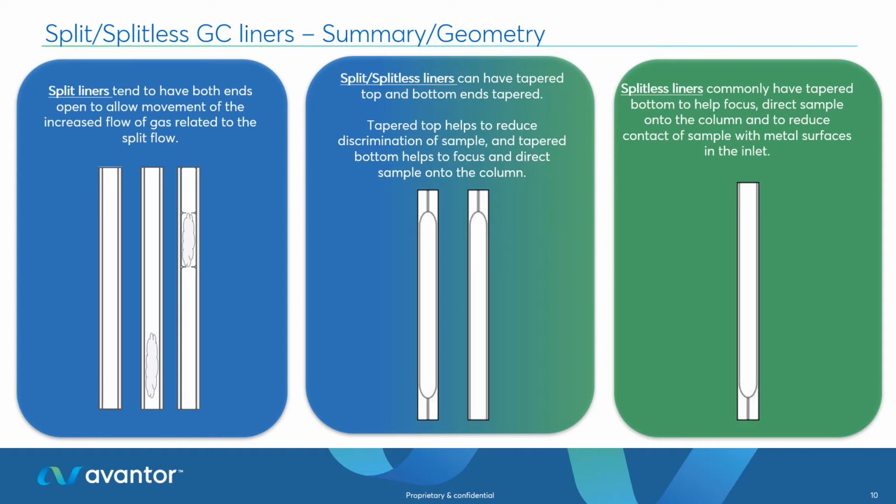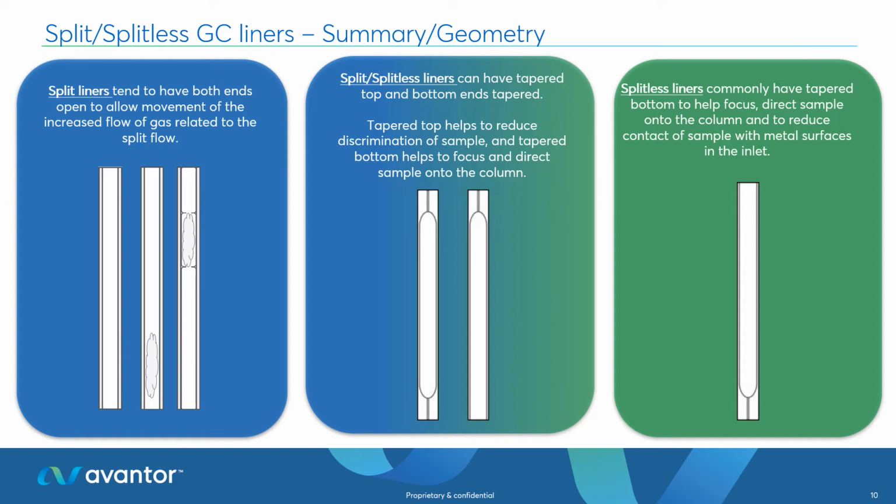Once the sample is introduced into the vaporization chamber, it then has to vaporize. In order to do this effectively, we really need to understand some of the GC liners that are typically used.